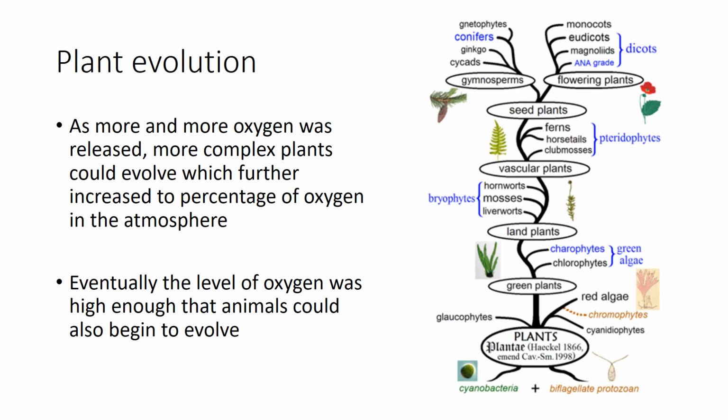Okay, so you've got your algae, you've got red algae first, and then you've got your green plants and your green algae, and then you get land plants, and then things like mosses, which are quite simple, and then you get a lot more complicated with ferns, and then you go into your conifers and your big trees and your flowering plants, and they're the more complicated ones, which would have evolved a lot later on.